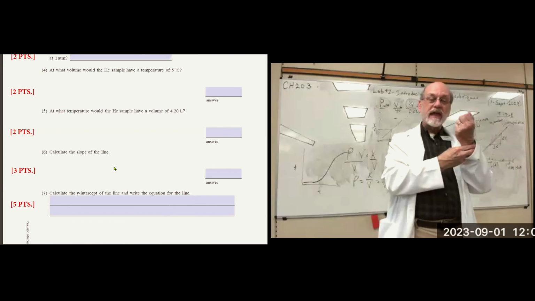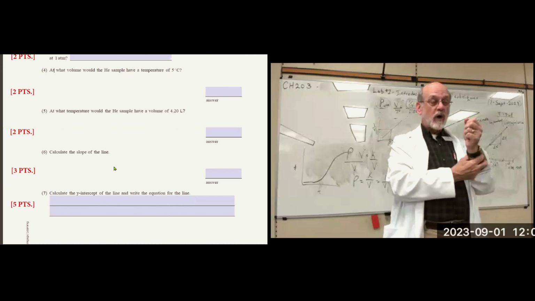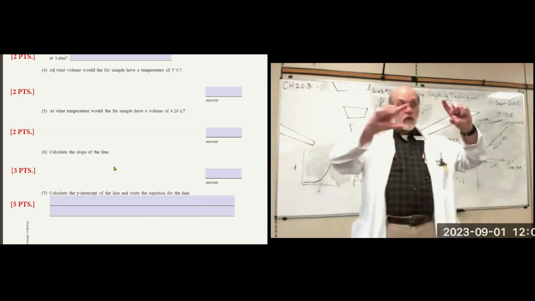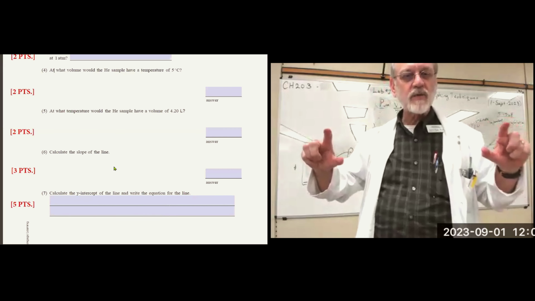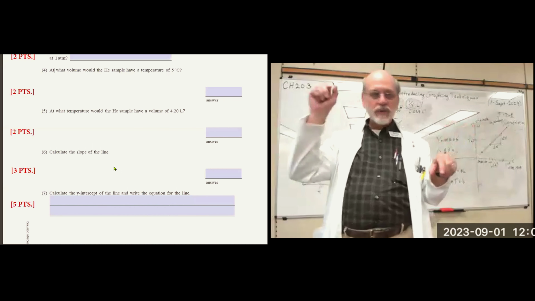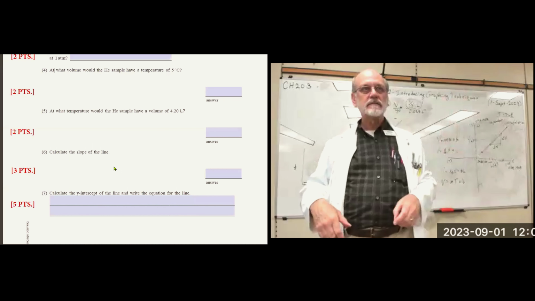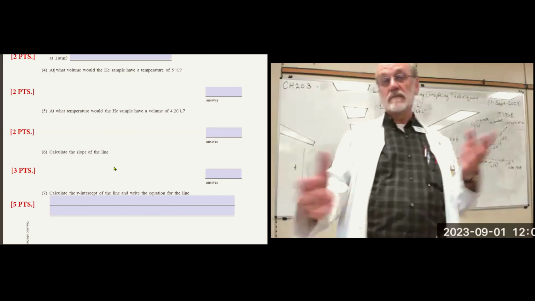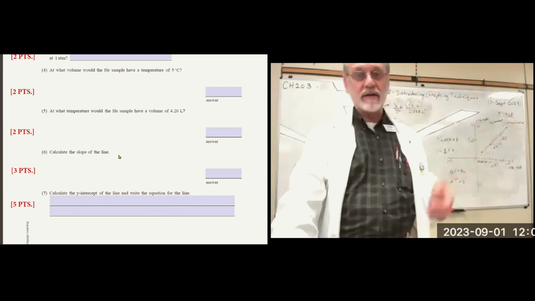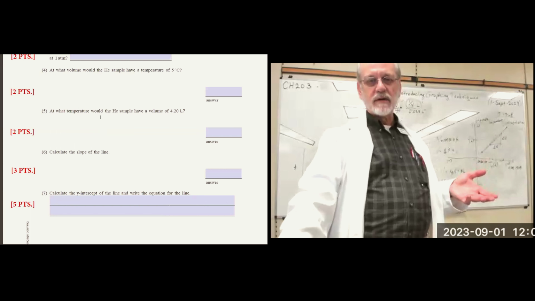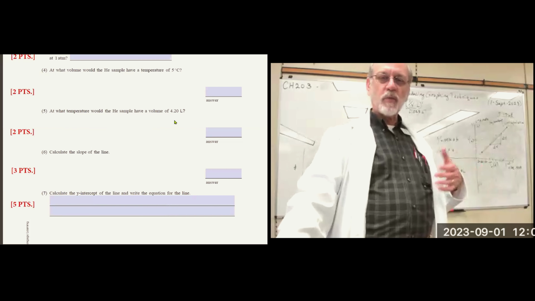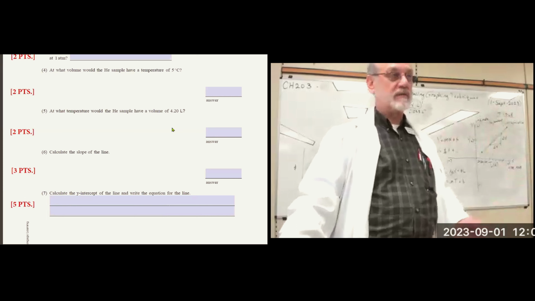Or you could go down and calculate the slope and get the y-intercept and get the equation for the line. And then when it says, what would the volume of helium be at 5 degrees C? Plug in 5 degrees and calculate it. Okay. That would be the easiest way, I would think. And you can do the same thing for 5, right? If it has a volume of 4.20 liters, what would be the temperature?